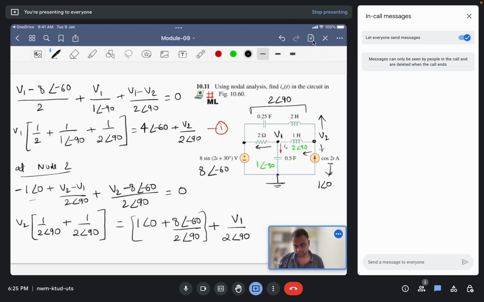So this is 1 angle 90, 1 upon 1 angle 90, that is V2 into 1 upon angle 90.